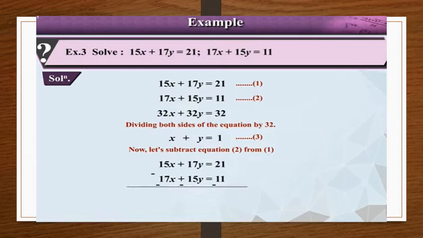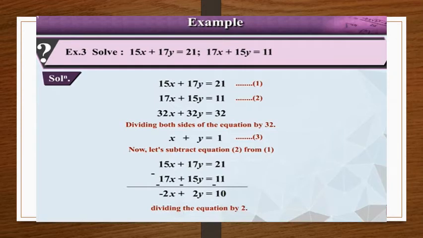So 15x minus 17x: we always subtract and place the greater number's sign. 17 and 15 when subtracted we will get 2, and the greater number 17 is minus. So we'll get minus 2x. Then we have plus 17 minus 15, which will be plus 2, that will be plus 2y. Then 21 minus 11 will be 10.